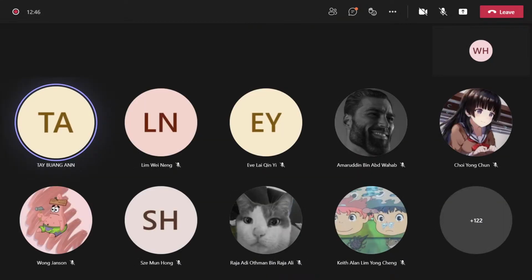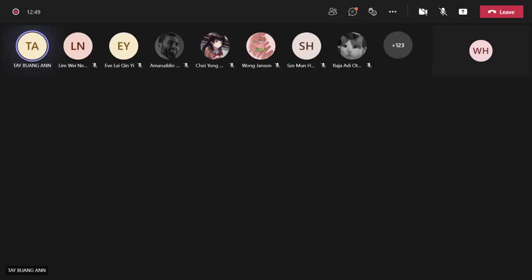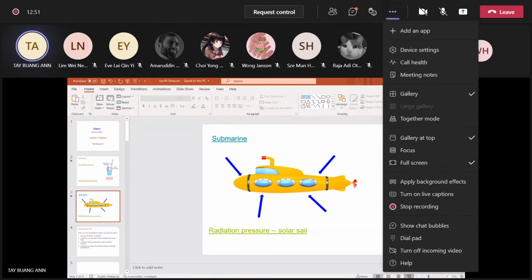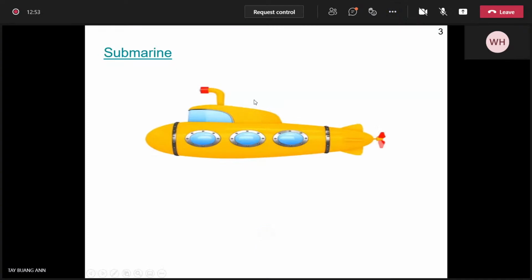All right, so submarine. We need to make sure that the body of this submarine is strong enough. Why? Because when the submarine submerges into a very deep sea, the pressure of the water will try to crush the body of the submarine.